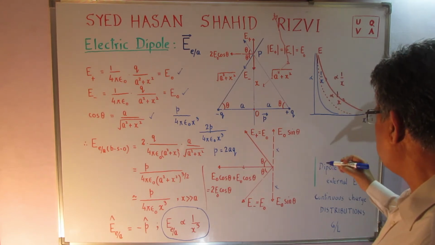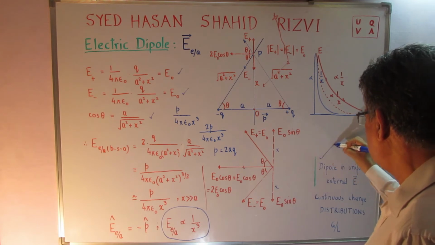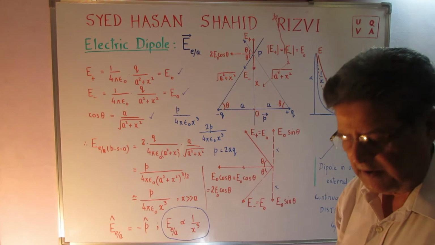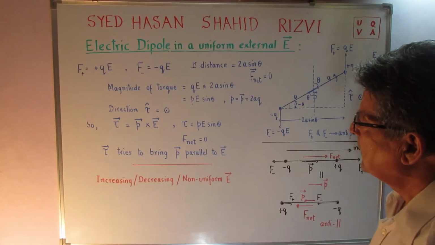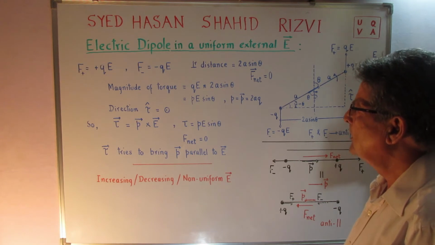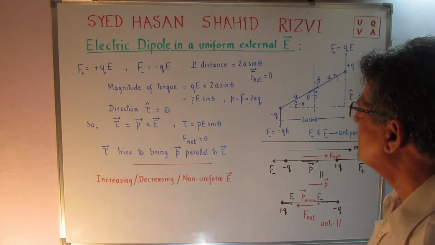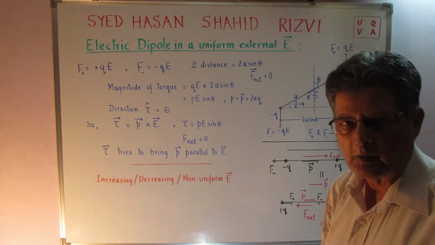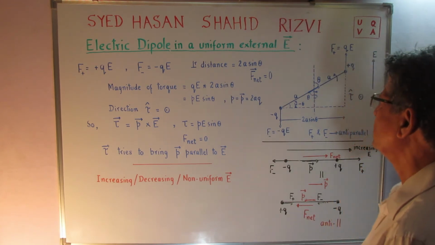So the next item that I am going to come to is the dipole in a uniform external electric field. Here first of all we are taking a uniform external electric field.